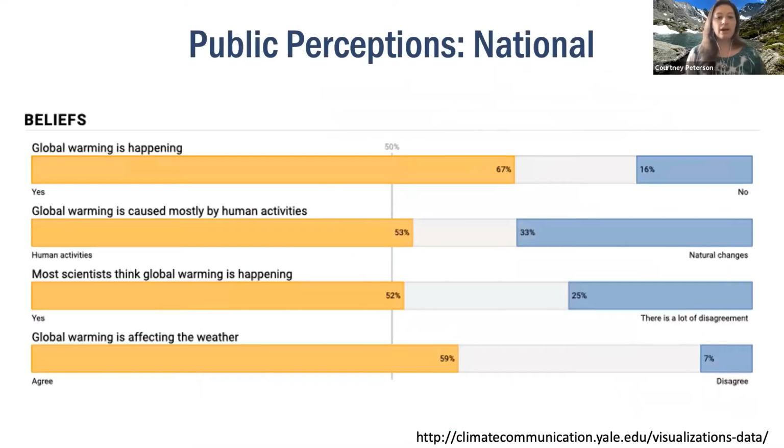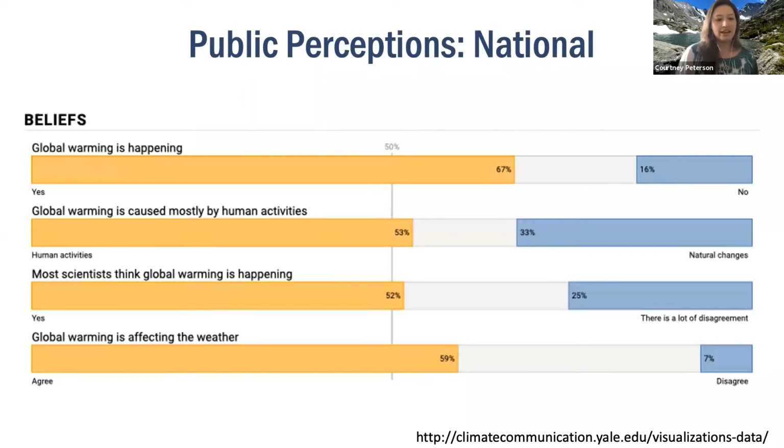And so thinking about that national view, I just wanted to pull out some of the different perceptions and beliefs and share some of those with you. And so you can see that 70% of the US thinks that global warming is happening. However, we're closer to 50% when it's caused mostly by human activities.